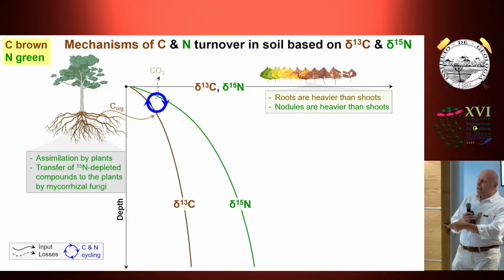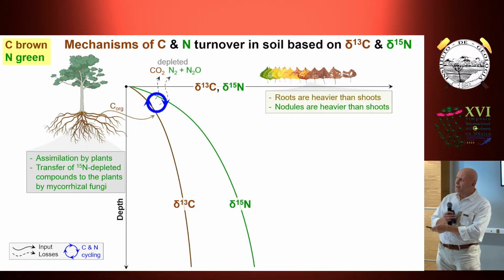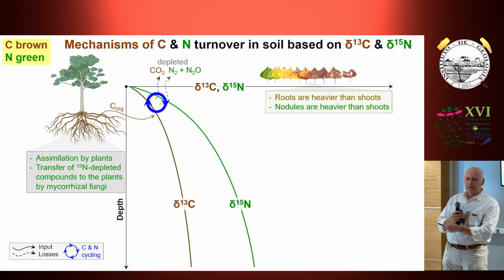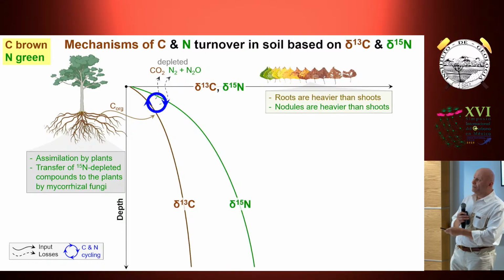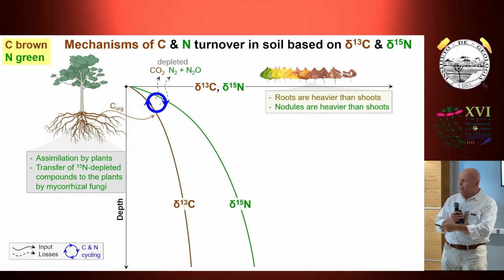Carbon in soil organic matter will be utilized by microorganisms, and CO2 will be released, and also for nitrogen, by denitrification N2 and N2O will be produced, which are slightly depleted. If they are slightly depleted, then heavier remains in the soil.